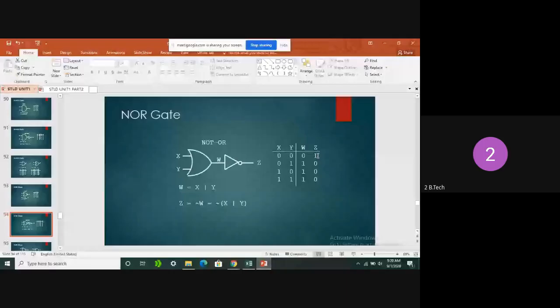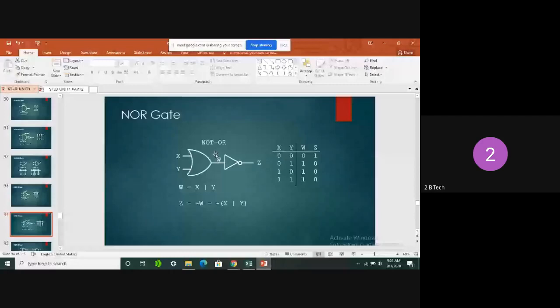But Z is the output of the NOR gate. See what is happening there? It is reversed. That is why this gate is called the NOR gate, and the symbol of the NOR gate is simply an OR gate with its output bubbled. And this is the working of the NOR gate.